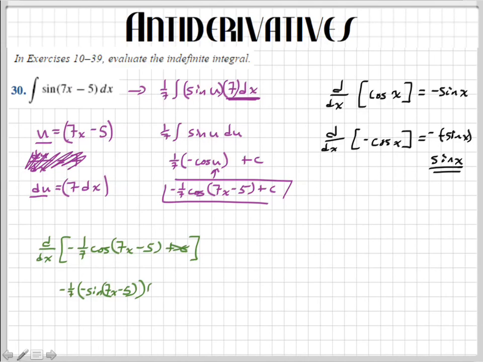And that's multiplying times the derivative of the function inside the function, which is just 7. Now with some manipulation, we can go 7 times 1/7, and that would be negative 1. And then we have to multiply it times negative sine of 7x minus 5. And a negative and a negative would be positive, and it checks. We end up getting right back where we started.